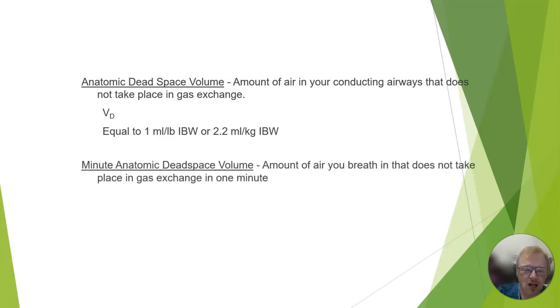So minute anatomic dead space is the amount of air you breathe in that does not take place in gas exchange in 1 minute. And that is your dead space times your frequency equals your minute dead space volume.